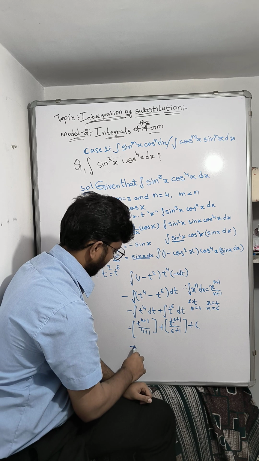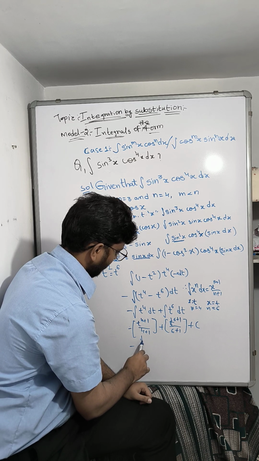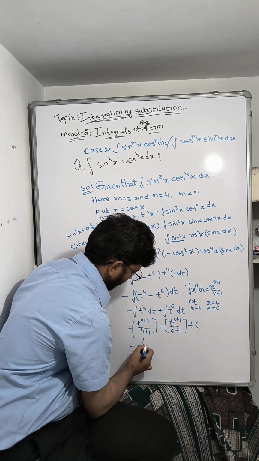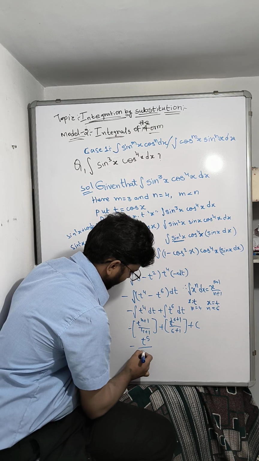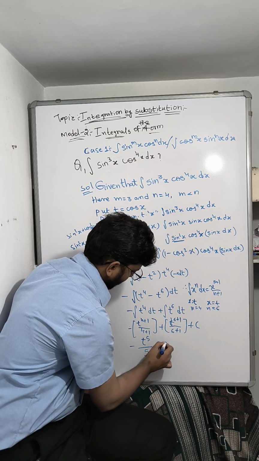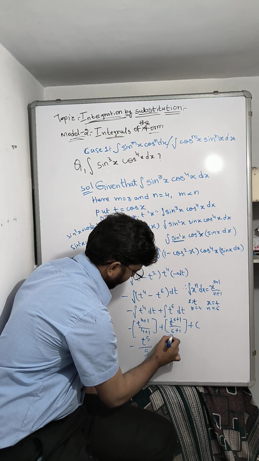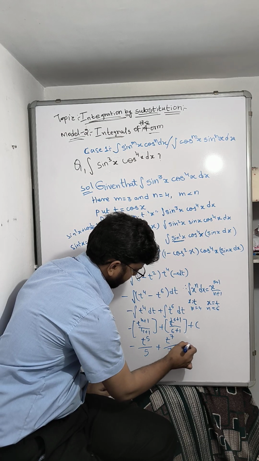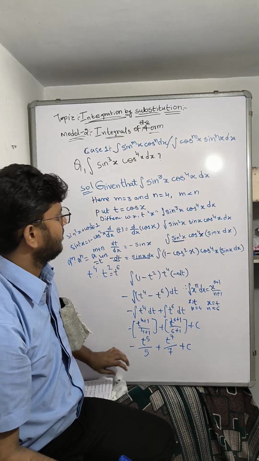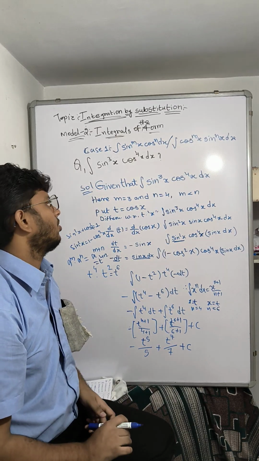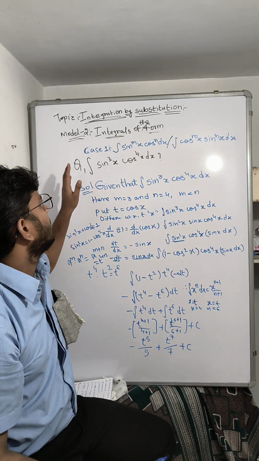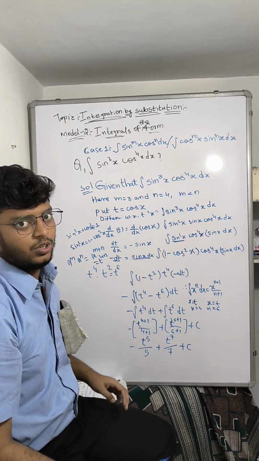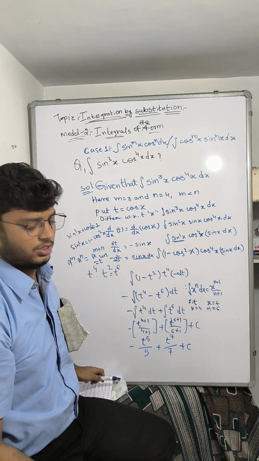Then minus t to the power of 5 by 5 plus t to the power of 7 by 7 plus c. This is the overall procedure of model number 2. Case number 1 and case number 2 are also like this. Did you understand?